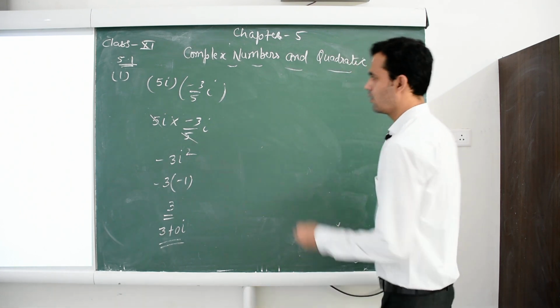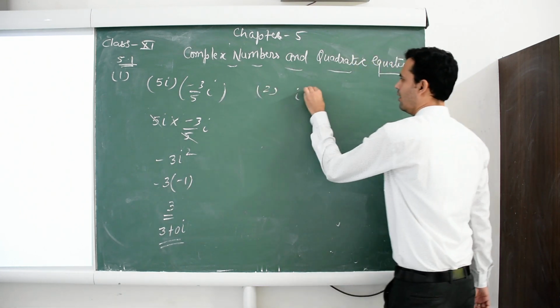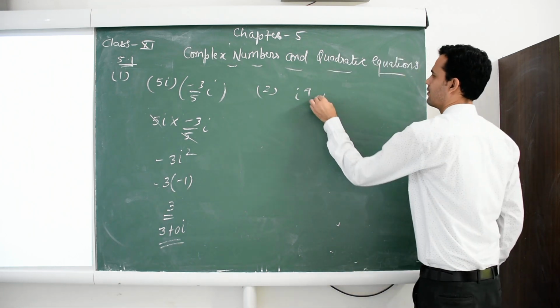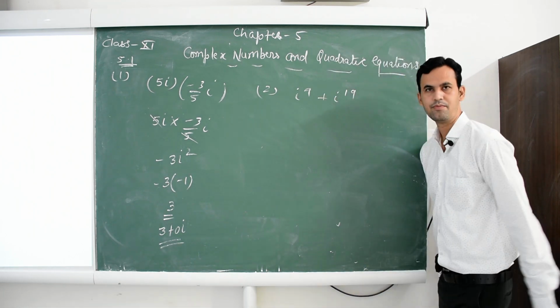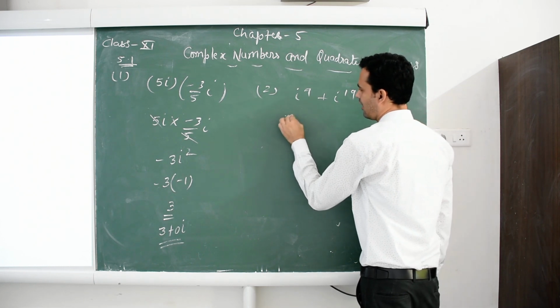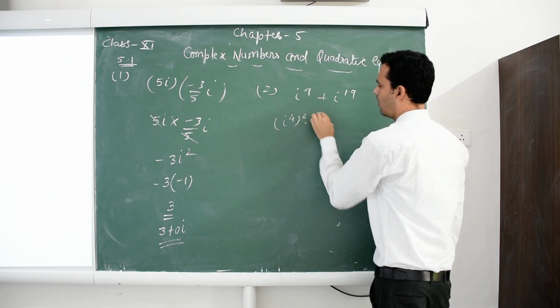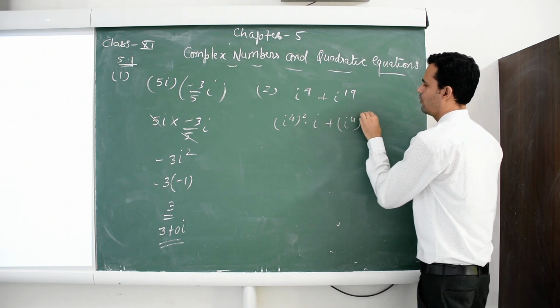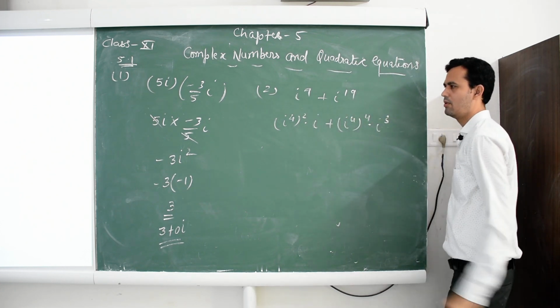Now question number 2: I to the power 9 plus I to the power 19. We write it as I to the power 4 square into I plus I to the power 4 into 4 into I cube.